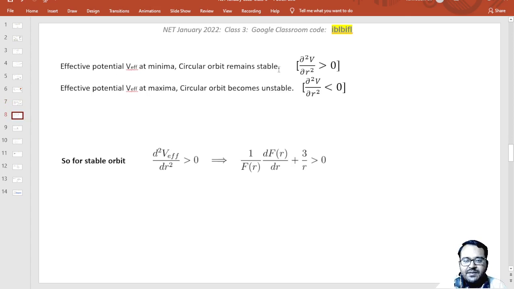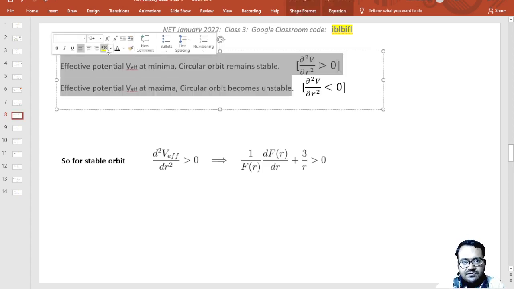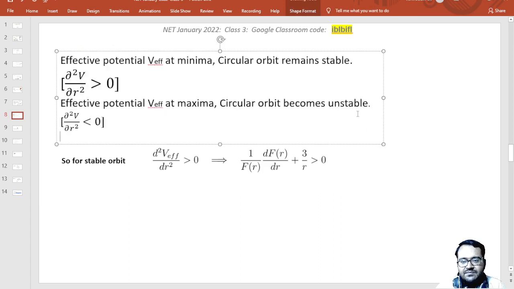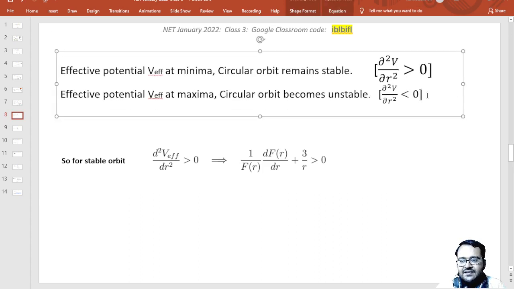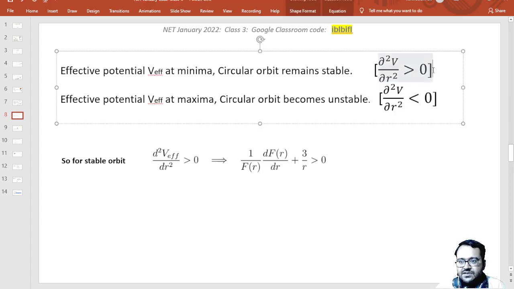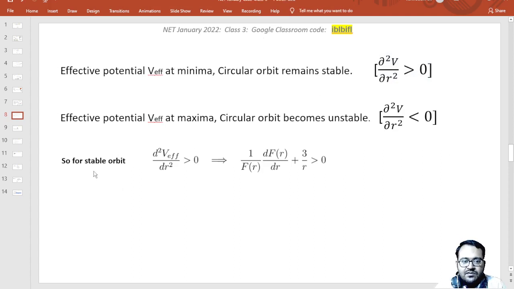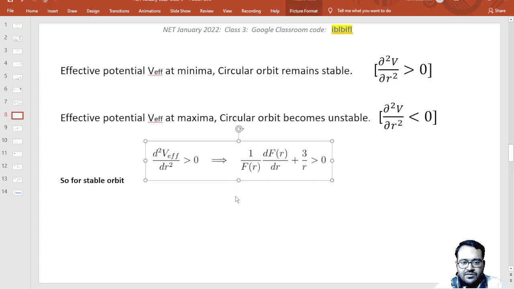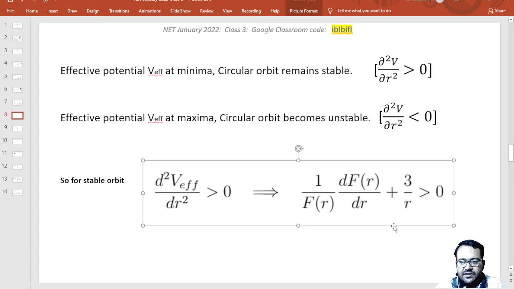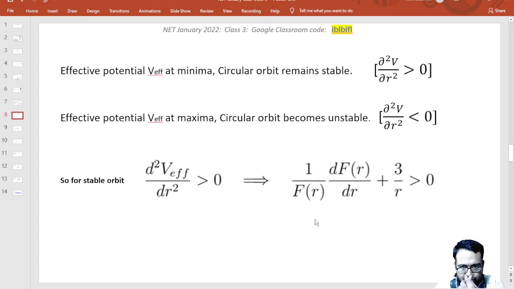Effective potential at minima, circular orbit remains stable. Effective potential at maxima, circular orbit remains unstable. These we know. For a stable circular orbit, you get d square dr square of the effective potential greater than 0.